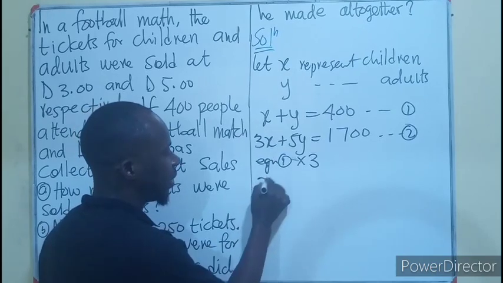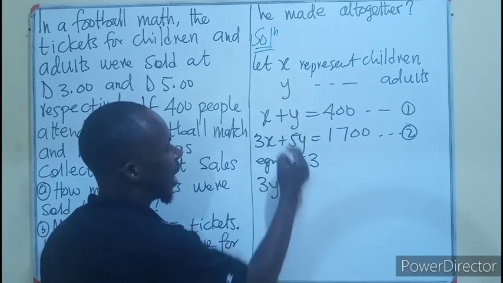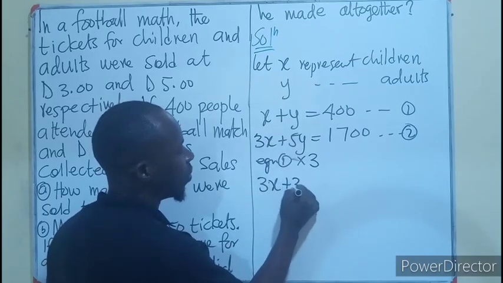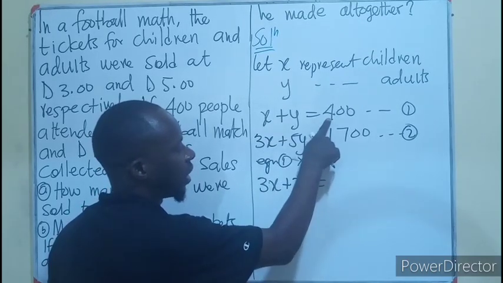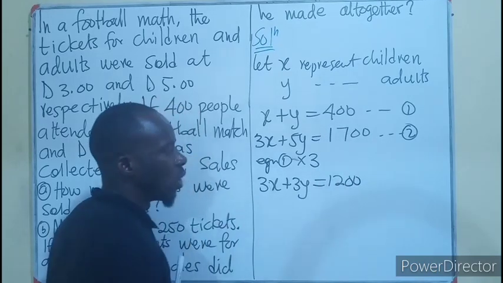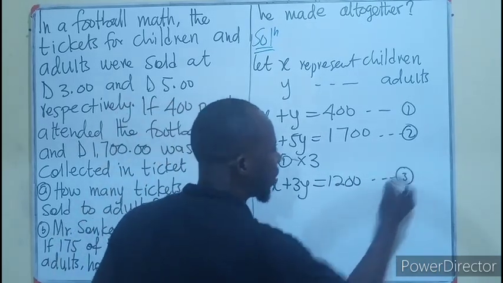That will give me 3x plus 3y equals 3 times 400, which is 1,200. Let me say this is my equation 3.